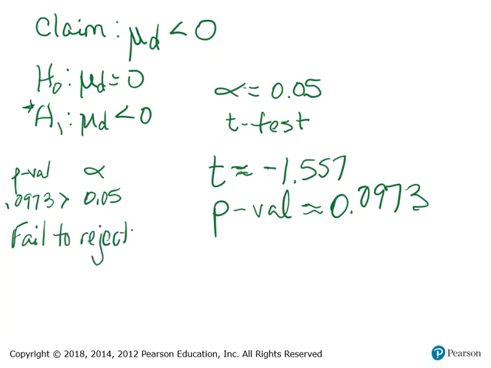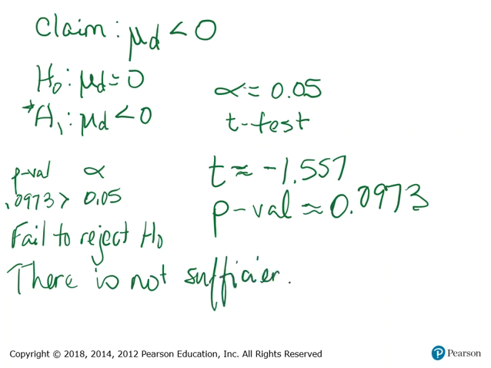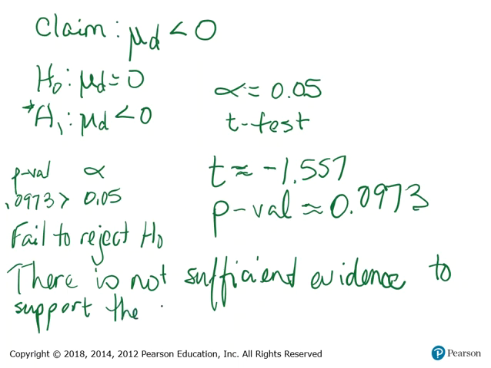Okay, so now we have to make our statement. Since we are failing to reject the null, there is not sufficient evidence to support the claim that best actresses are younger than best actors.